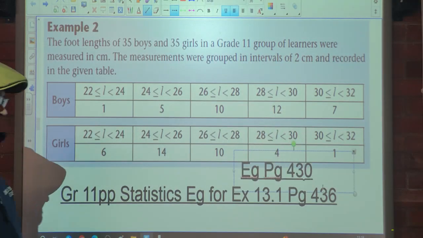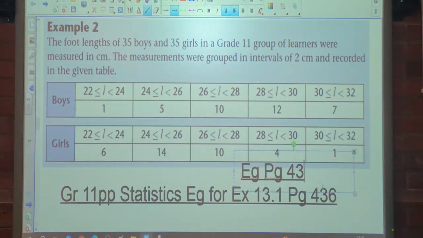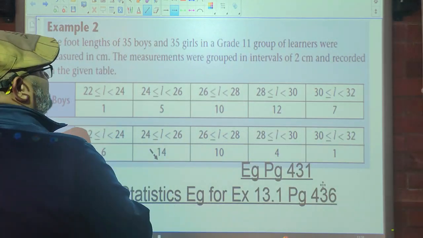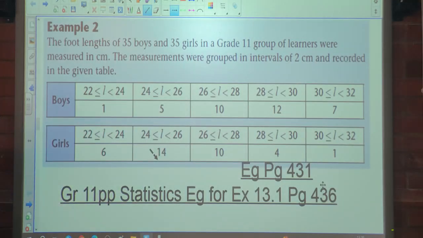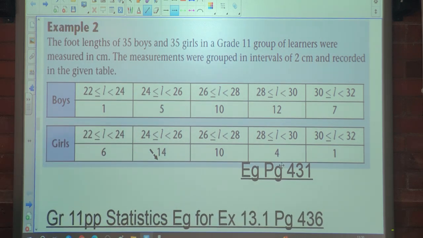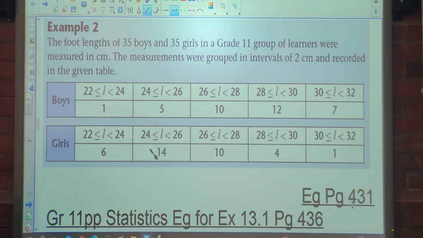Page 151. This is on page 130? 431, same page. Huh? Yes, okay.